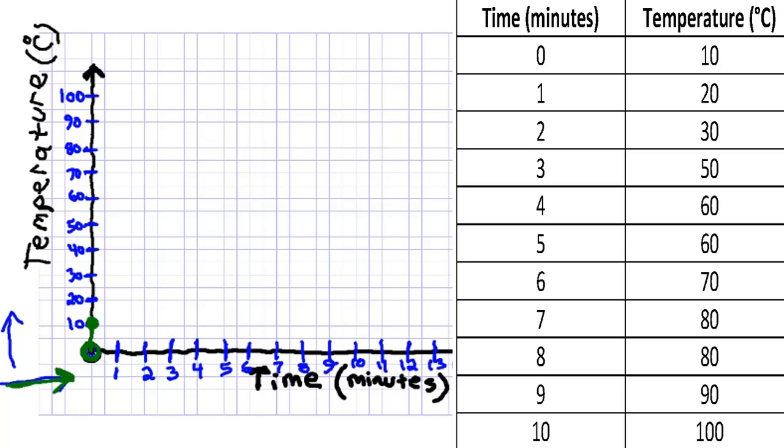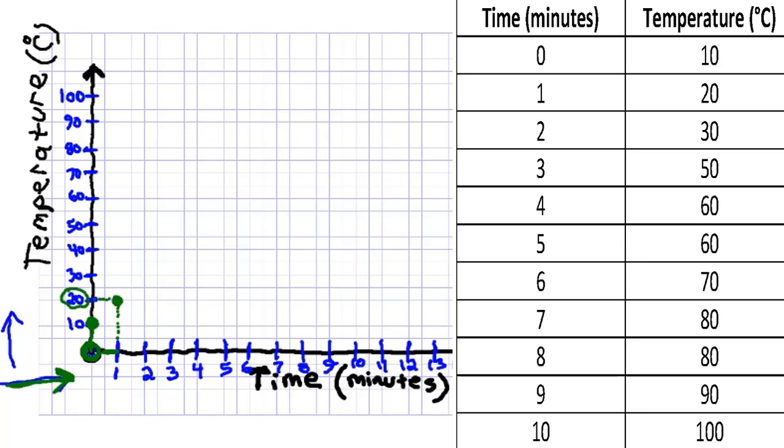Now let's look at the next set of values. We have 1 minute and 20 degrees Celsius. At 1 minute on the timeline, we're going to have 20 degrees Celsius. So we're not going to make a dot on the timeline. We're going to go up until it's even with this 20 degrees Celsius here.